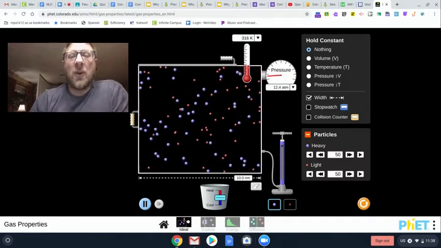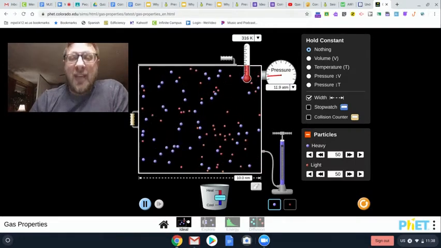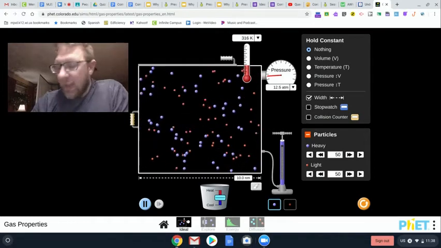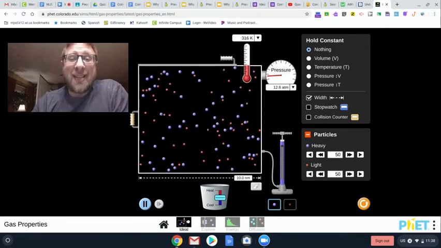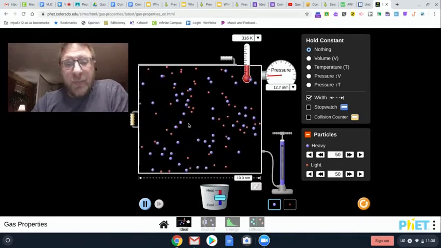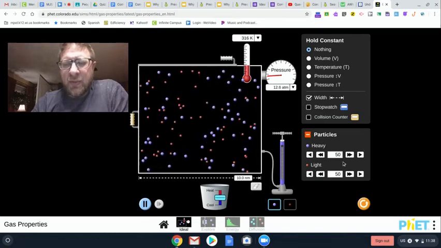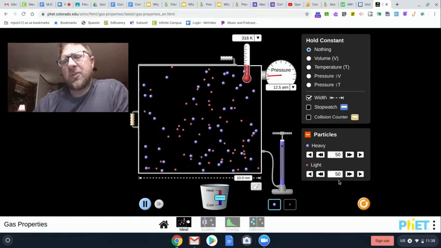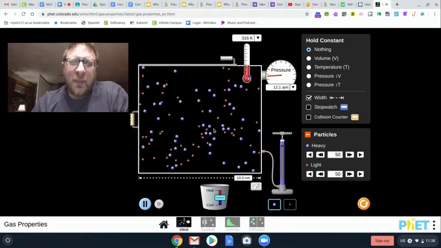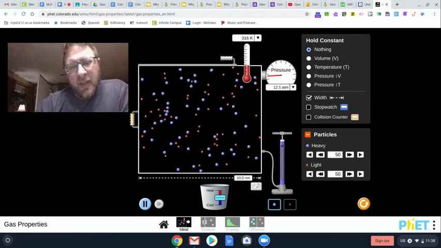All right, if you see a question like that, if gases are in the same container, they have the same kinetic energy. Finally, one of the things that we could talk about would be density, determining the density of the gases in here. And we can see, because they have the same number of particles, qualitatively speaking, we would say that the heavy particles are more dense than the light particles.